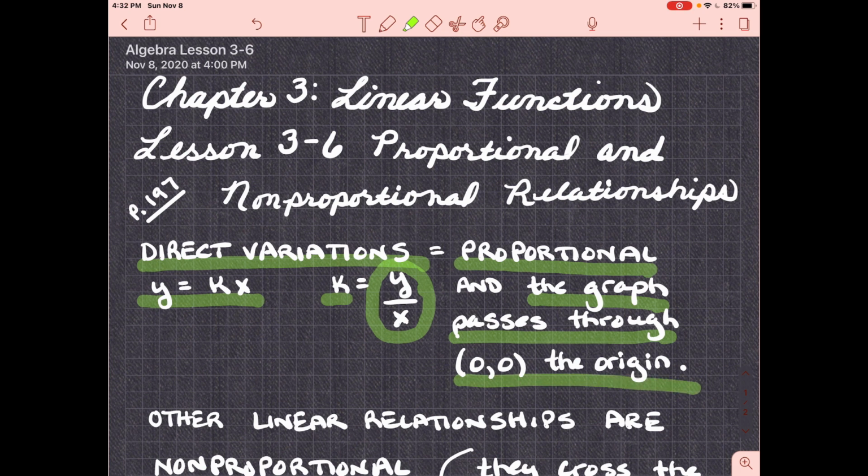So all of our graphs looked in some way like this. They either went up or down, but they went through the very center of the graph, the origin.